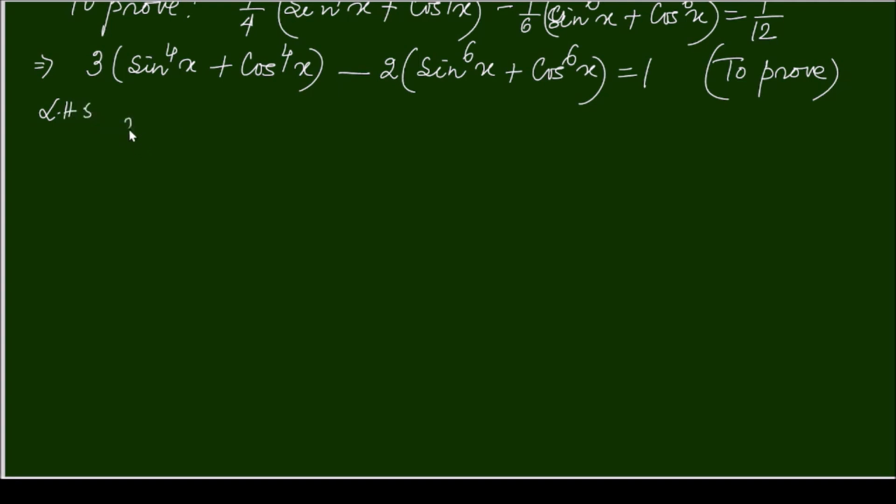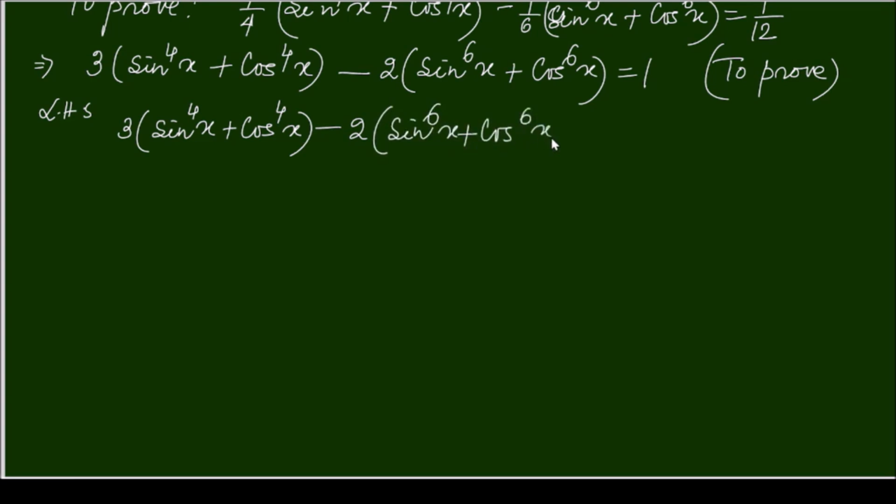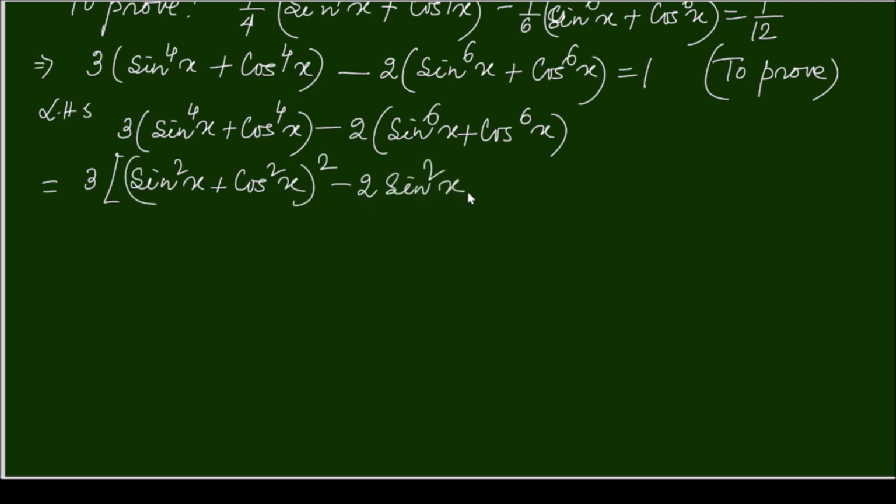So LHS is equal to 3 times sin power 4x plus cos power 4x minus 2 times sin power 6x plus cos power 6x. So here we'll apply just algebra. A square plus b square, you know the formula, a plus b whole square minus 2ab. So it will be sin square x plus cos square x whole square minus 2 sin square x into cos square x.